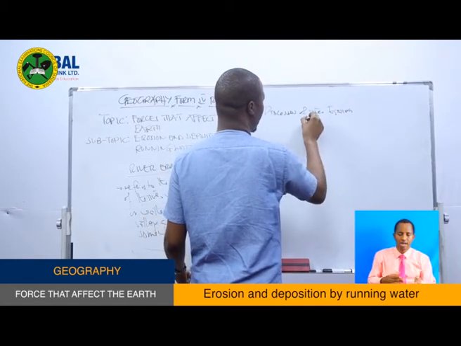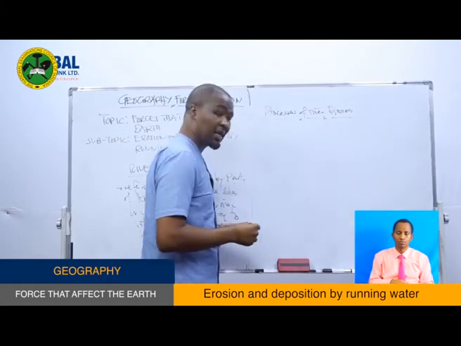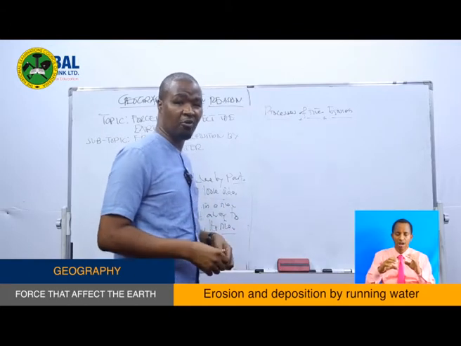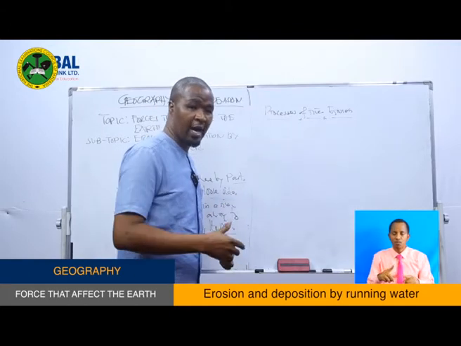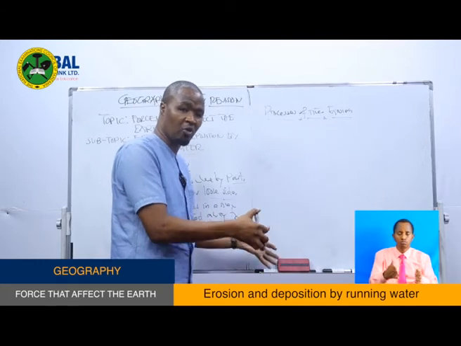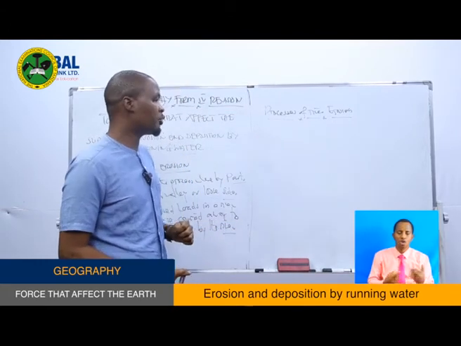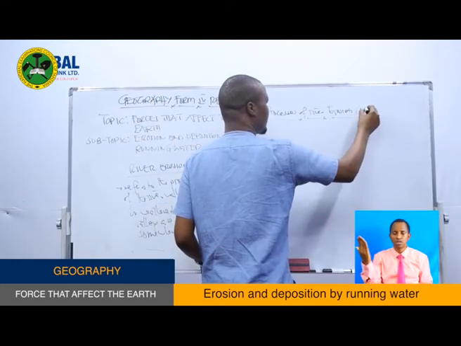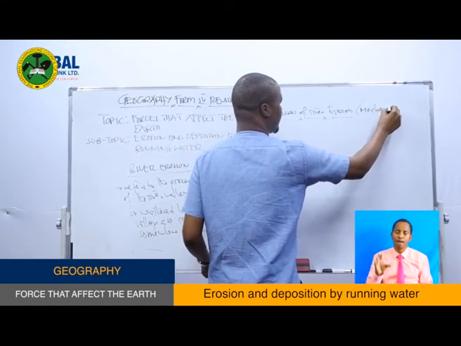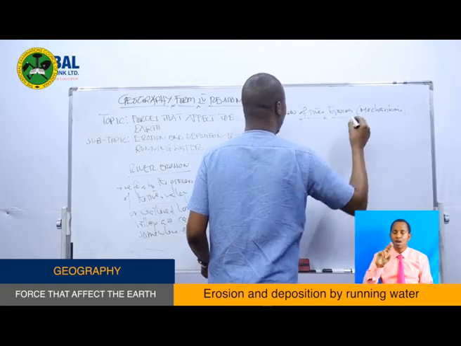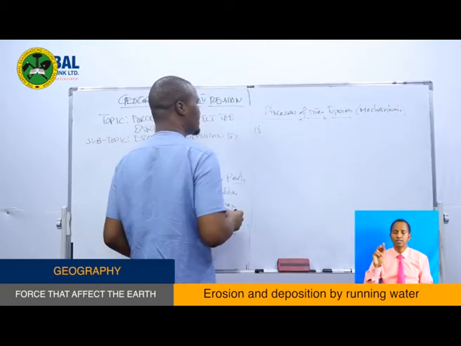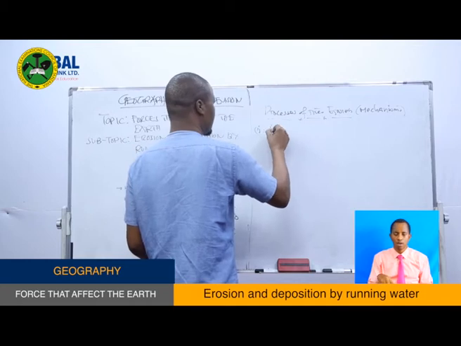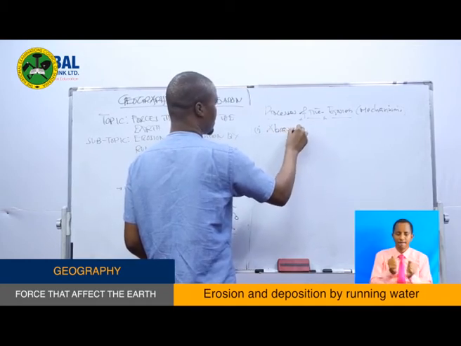It means we are talking about different mechanisms the river plays as it flows from one point to another. So how does the river erode? It is what we call the process of river erosion, or the mechanism. Sometimes we refer to them as mechanisms. So at this point, we have the first mechanism, abrasion.